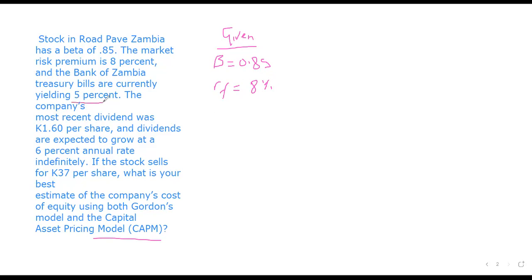5%, the treasury bill. The treasury bill, what type of rate is it? It's a risk-free rate. And this is a risk premium. The risk premium is the expected market return over the risk-free rate, which is given by 8%.